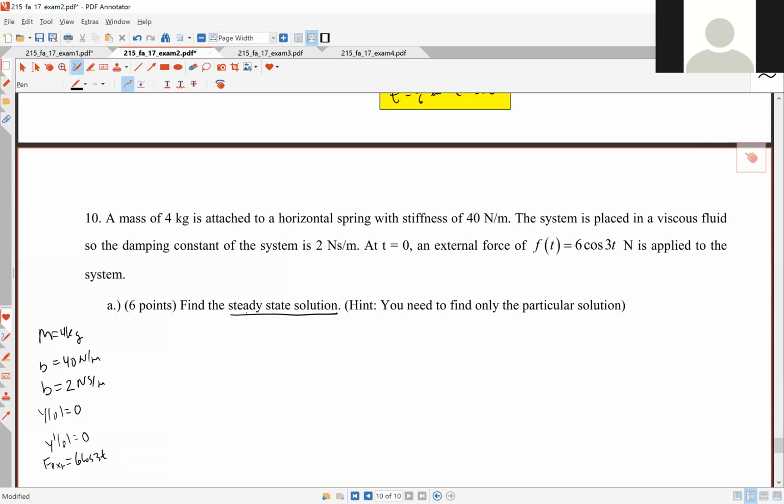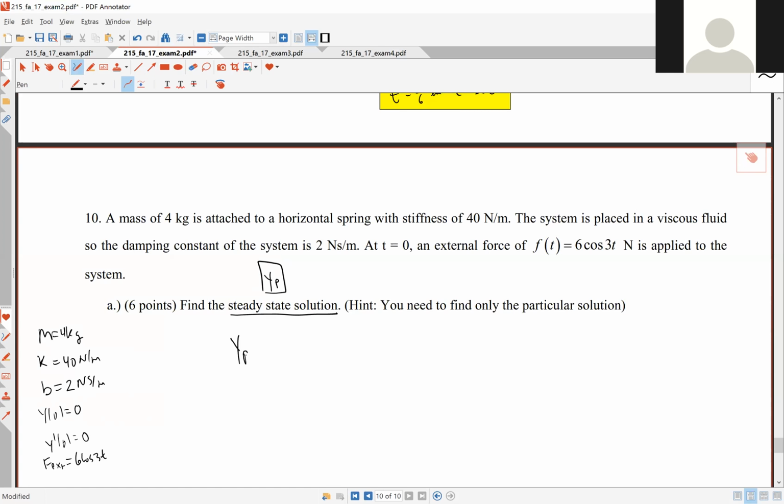This is an underdamped system, and you could see that by setting up your differential equation and looking at the characteristic equation. So the steady state solution is the only thing that hangs around after some time, because for the homogeneous solution, all the energy is going to be taken away by the damping.